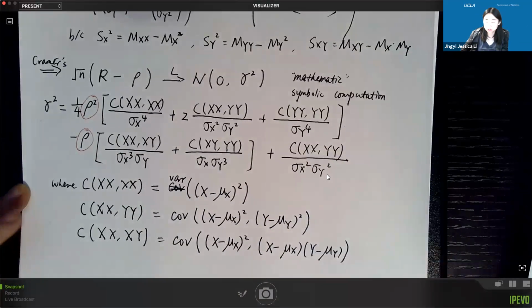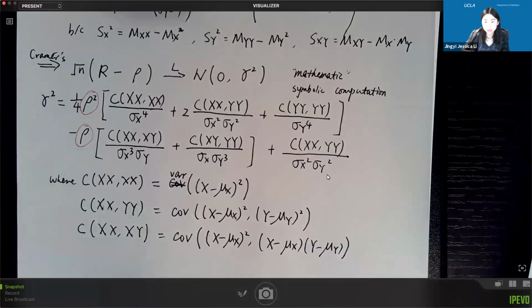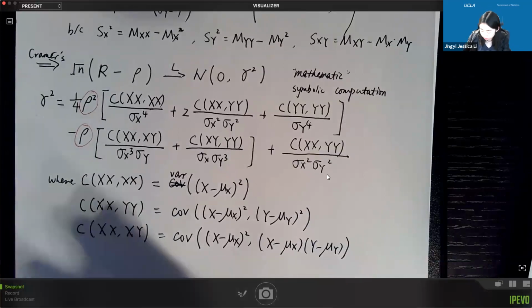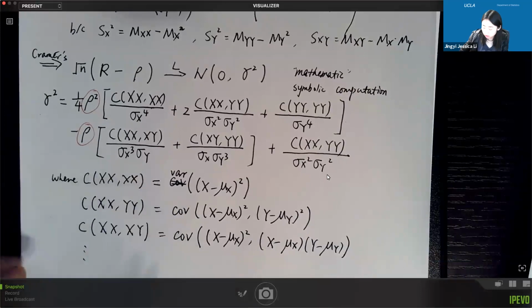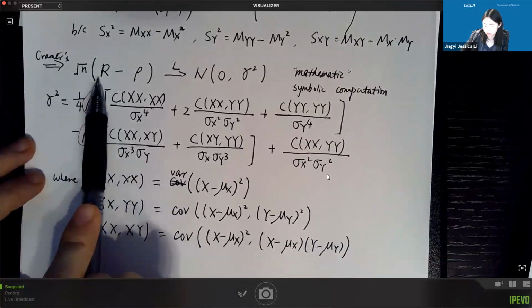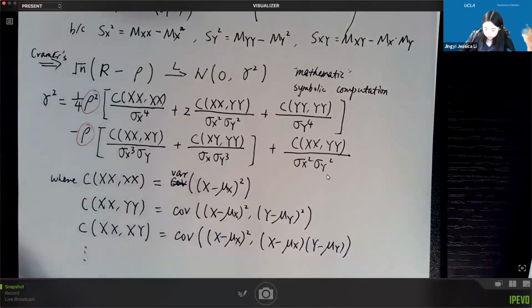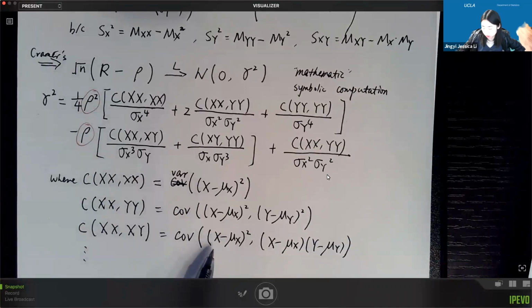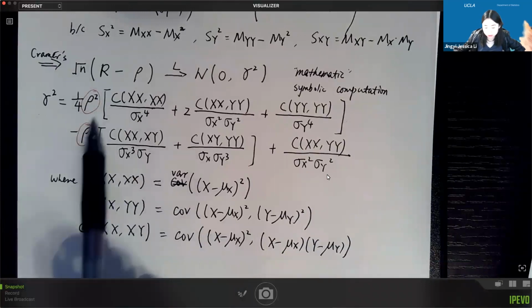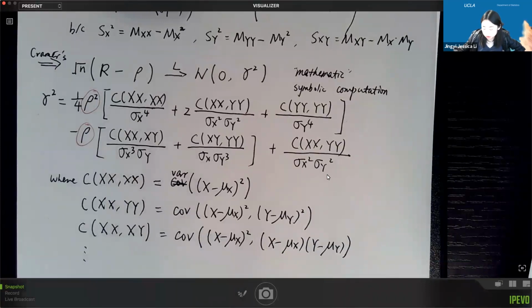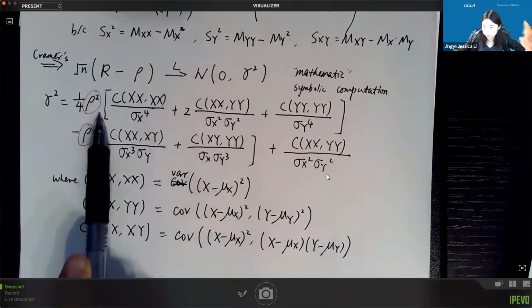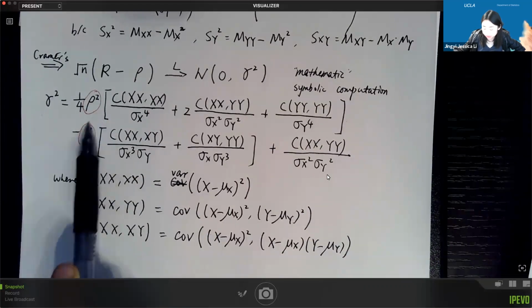So after those algebraic simplifications, we can basically summarize the asymptotic variance term of the sample correlation coefficient as follows. It's basically depending on the moments of the joint distribution of x and y. That will determine those things, and also the Pearson correlation squared. So you see that for different values of rho, we can have different gamma squared.